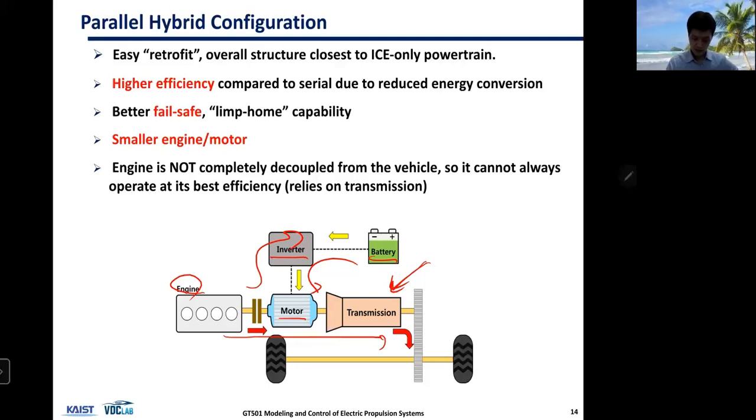So you do need transmission, because your engine is mechanically connected to the wheel. So engine operation is somewhat limited. It's not completely free, but transmission gives you some freedom to operate.